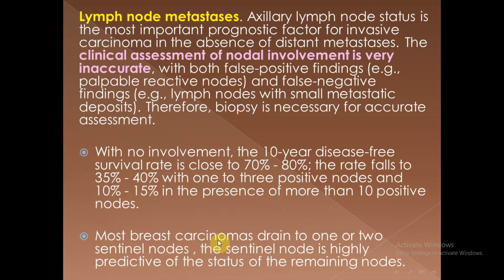Most breast carcinomas drain to 1 or 2 sentinel lymph nodes. The sentinel lymph node is the first node that is involved by carcinoma, and this is important and can give a prediction for the status of the remaining lymph nodes.